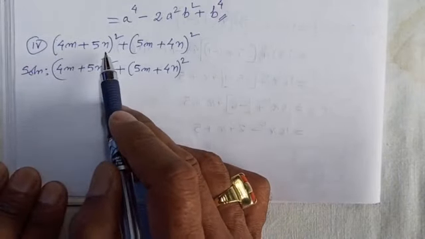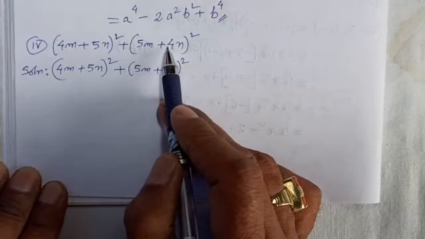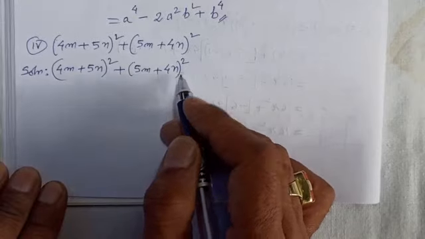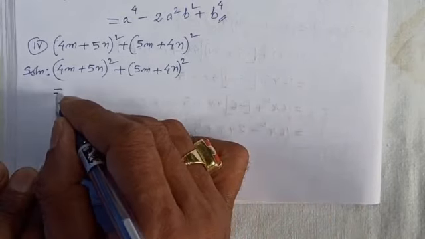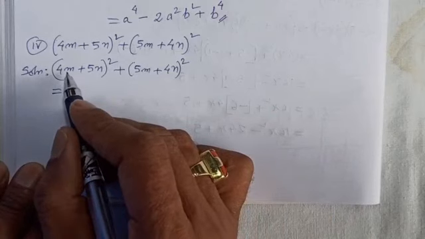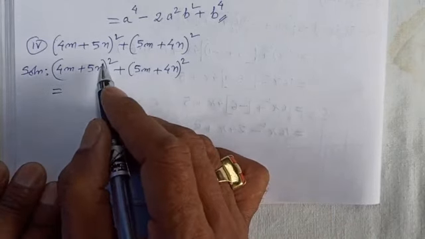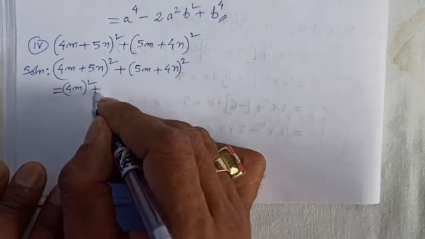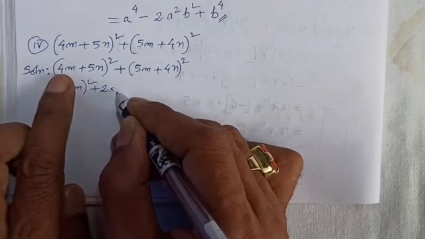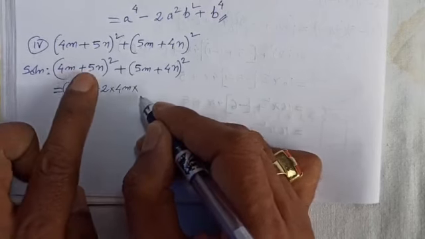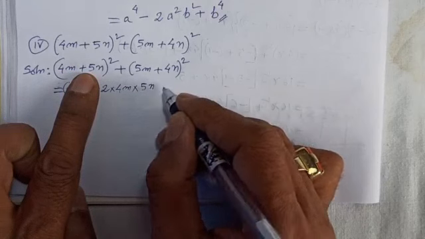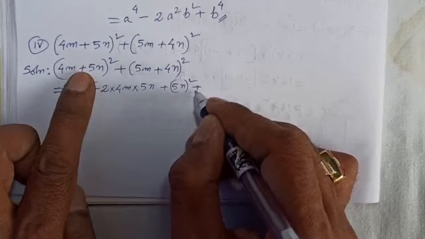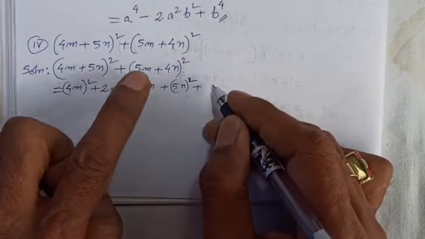Now let's write this Roman number 4. 4m plus 5n whole square plus 5m plus 4n whole square. Now solution. 4m plus 5n whole square plus 5m plus 4n whole square. Now next steps. Let us suppose that this is a, this is b. Now this is a plus b whole square. Let us use identity. 4m square plus 2 times of 4m into 5n plus 5n whole square plus, here also we have to use identity, a plus b whole square.